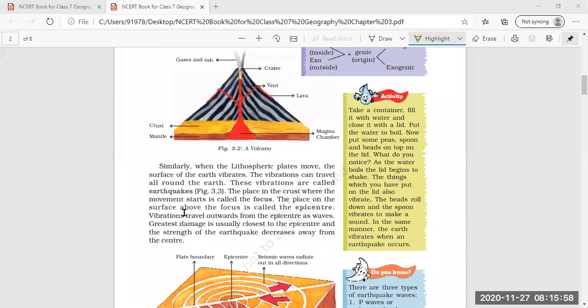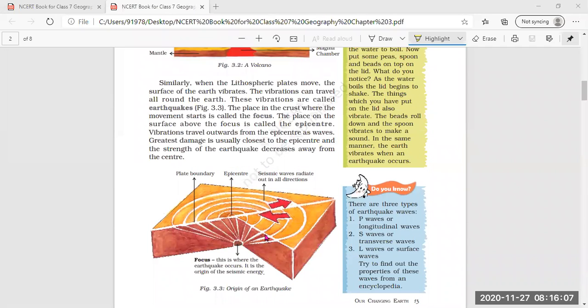That is called an earthquake. The place in the crust where the movement starts is called the focus. We have understood this through the diagram given in the book: the place deep inside the earth where the movement starts is termed the focus.